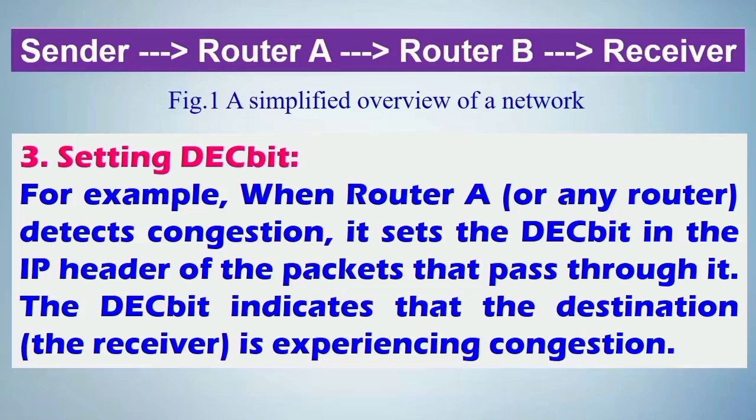For instance, when router A identifies congestion, it sets the DECbit in the IP header of the packets passing through it. The DECbit indicates that the destination, that is, the receiver, is encountering congestion.